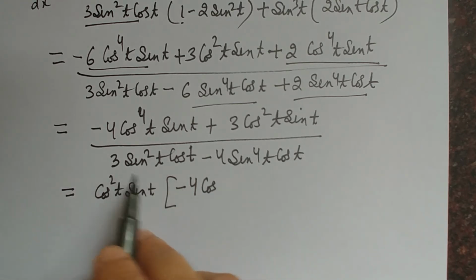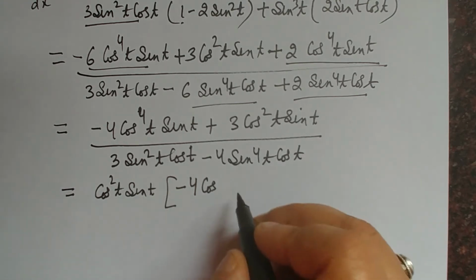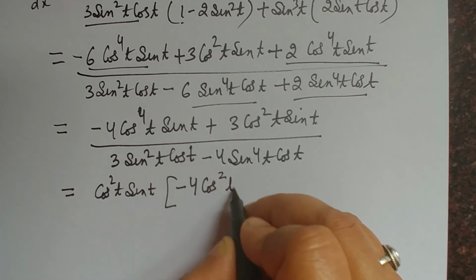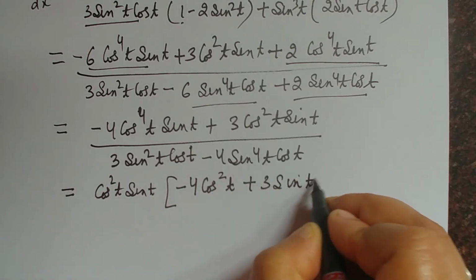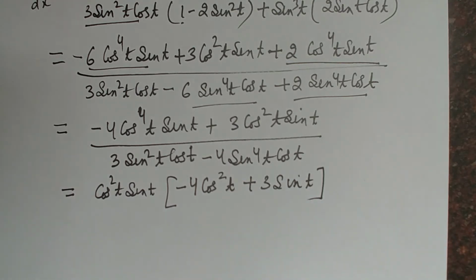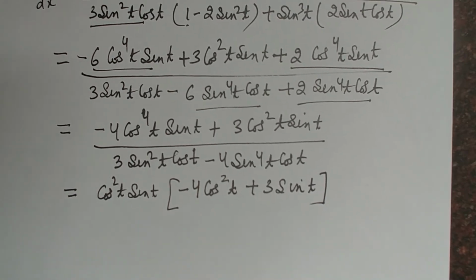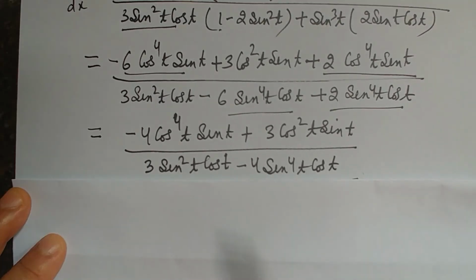So I am having it as minus 4 cos square t plus 3 sin t.